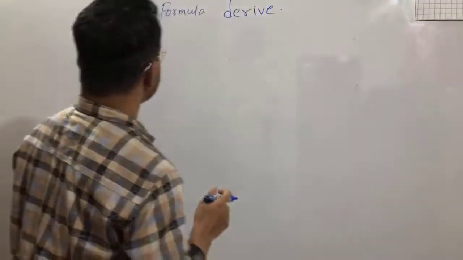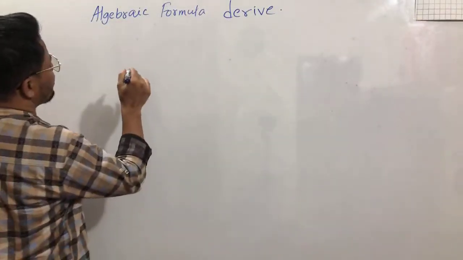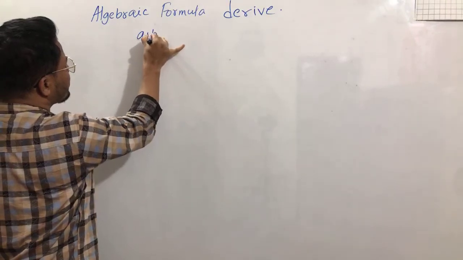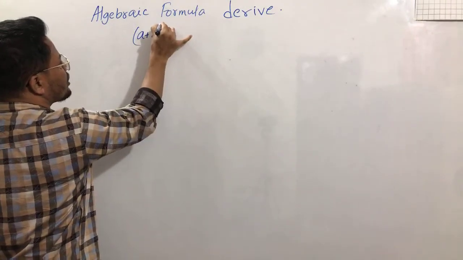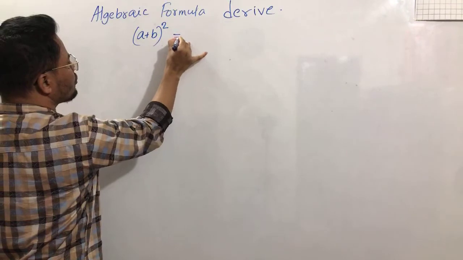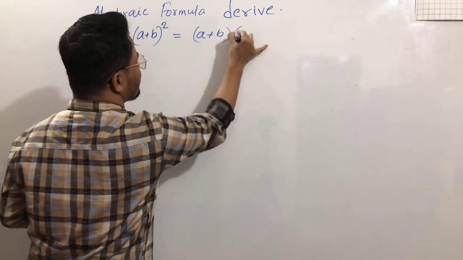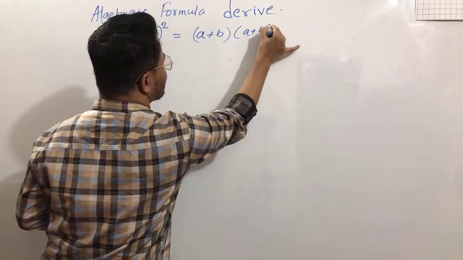So dear students, first we can start from here, like this: a plus b whole square. We all know this is the multiplication of a plus b with another a plus b.